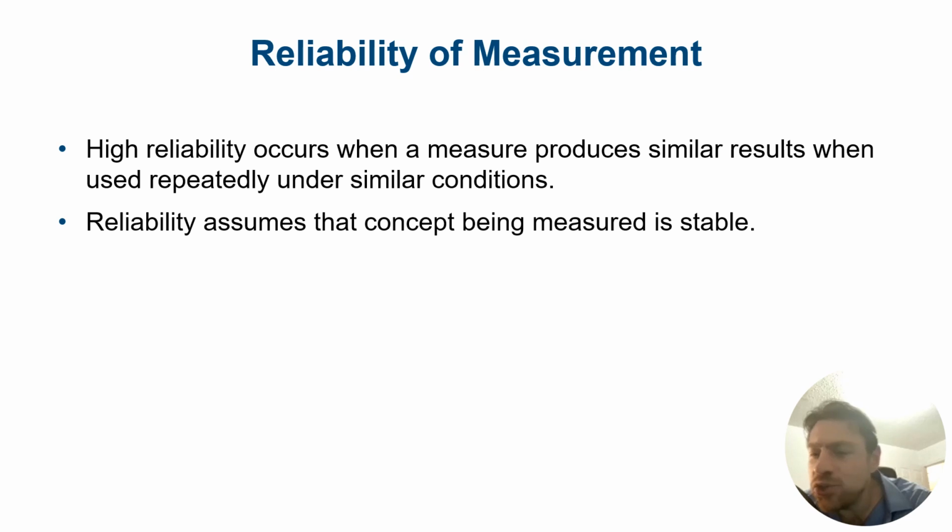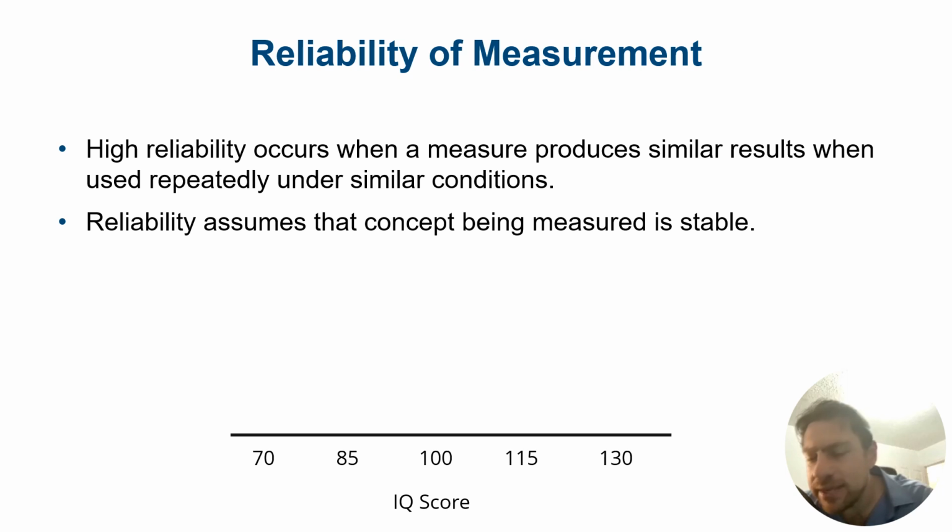If you are introverted, that probably doesn't fluctuate throughout the week. It remains fairly stable. So for example, again, let's say you take an IQ test, and let's say you take that test 6 different times. And let's imagine these are your results, okay?